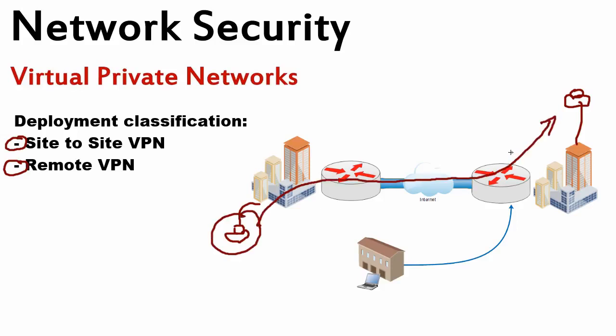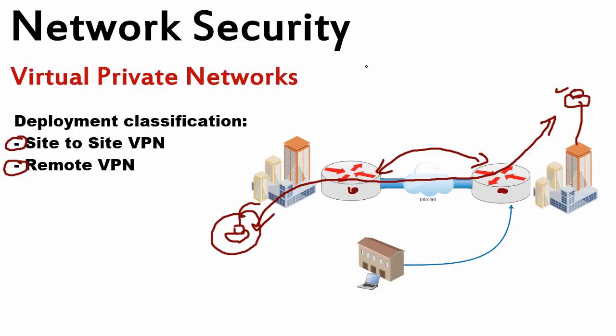To make it happen, we need a VPN connection that will be established between these two sites, not between these two PCs, in most cases using a dedicated device. It can be a router, it can be a firewall, it can be a VPN server. In most cases you will have a dedicated device.